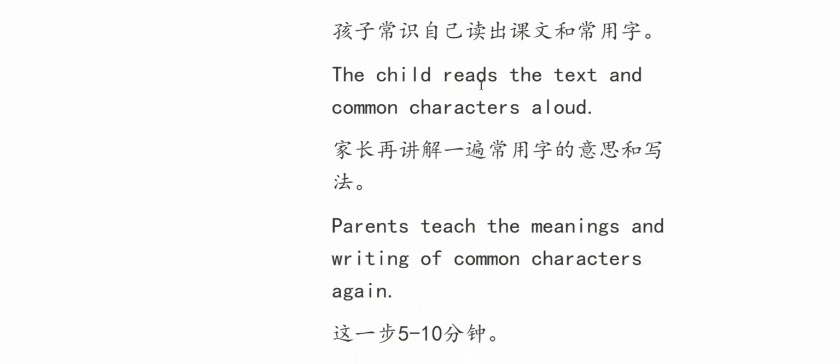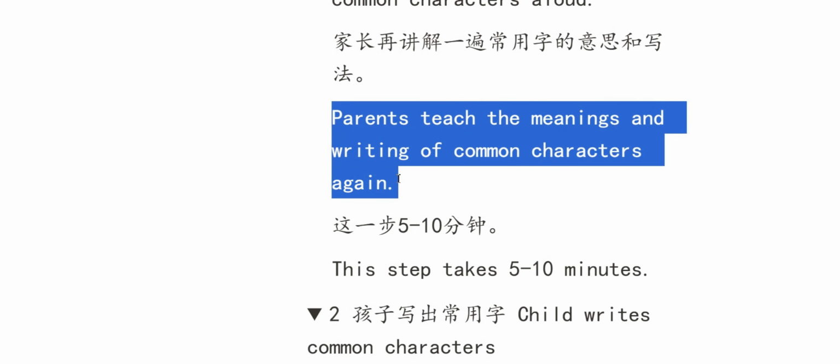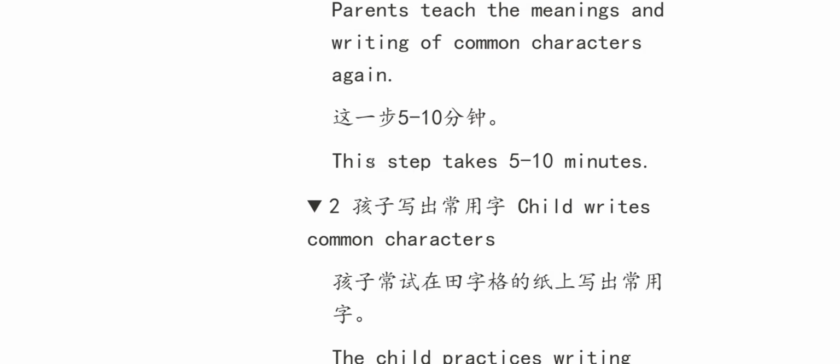The children read the text and common characters aloud. Parents teach the meanings and writing of common characters again. Or the children can watch a video lesson for this teaching. This step will take 5 to 10 minutes.